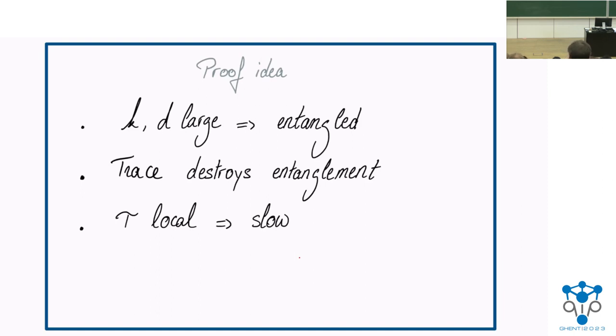And when you have noise, this noise is going to destroy this entanglement. And if you have a circuit T that is able to correct the state, like go back to the original state, this circuit is going to be slow at building up entanglement, right? So you have this contradiction: the state I want to produce is entangled, but the circuit is local, and so it takes some time to build up entanglement. So I get this kind of trade-off there.